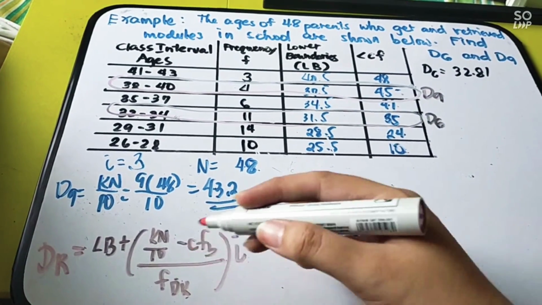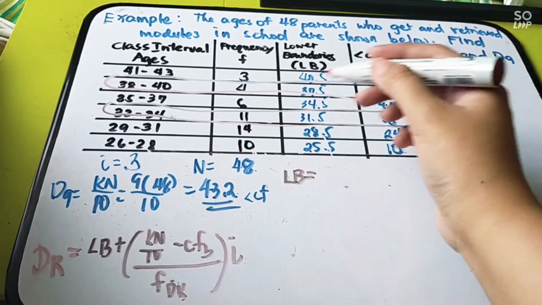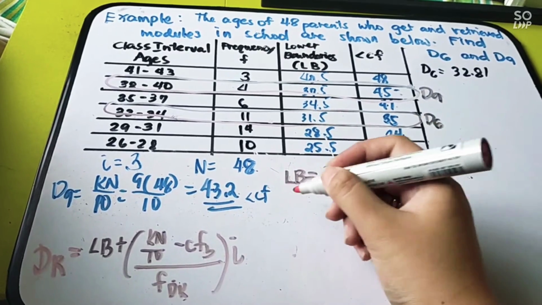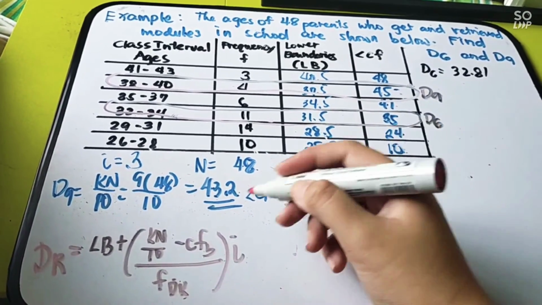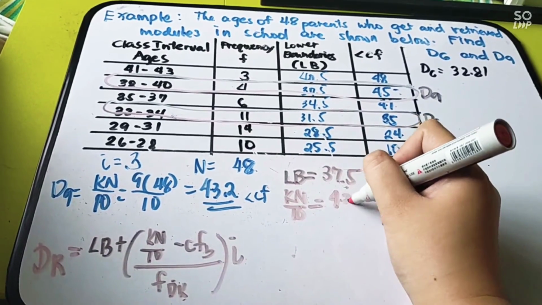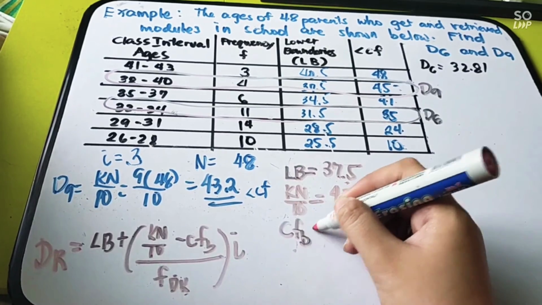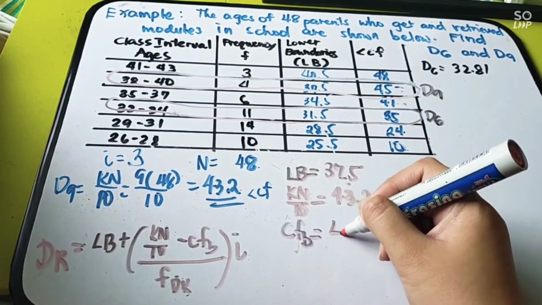So, from the decile 9, ang LB natin sa decile 9, we have 37.5. Then, ang ating kn over 10, we have 43.2. Next, we have the CFB, class cumulative before, we have 41.